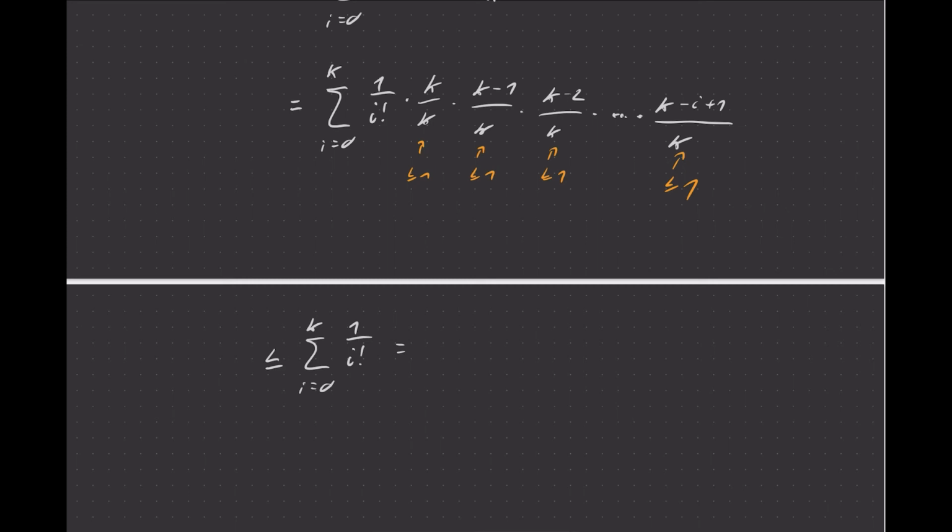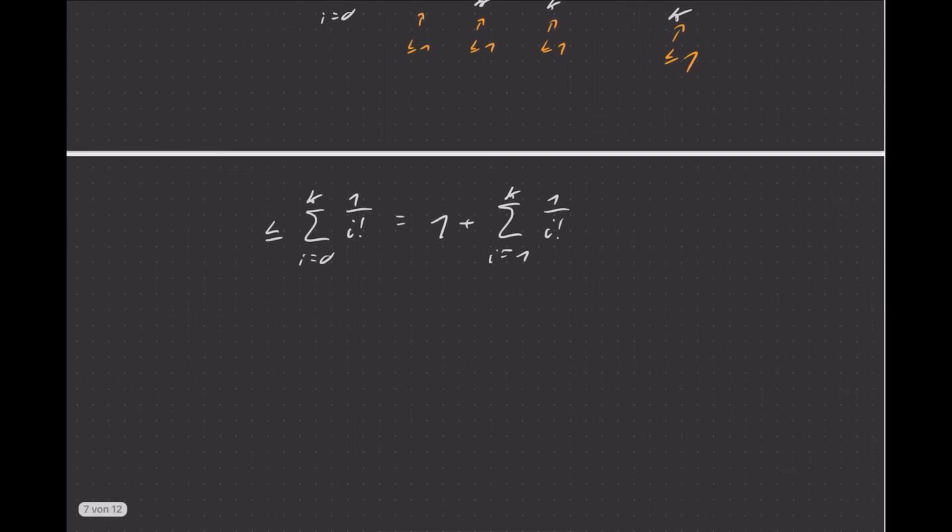So going one step further, let's split out the first summand, the one for the index 0, that is 1 over 0 factorial, that's just 1, plus the sum, I from 1 to k, 1 over I factorial. And finally, we need to do something with this I factorial here.